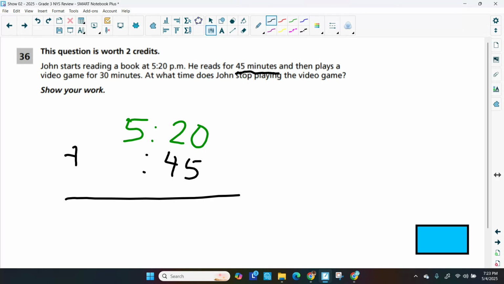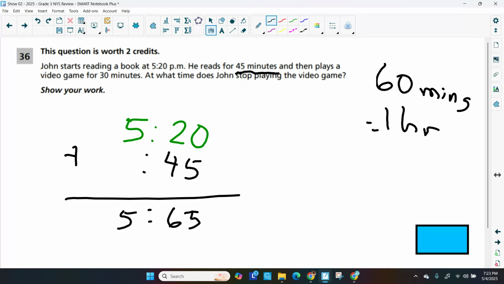I add up my 20 minutes and my 45 minutes. That'll give me 65 minutes, with 5 hours. But I know that 5:65 is not a time. No, exactly. But how many minutes are in 1 hour? 60. Good. So whenever we get to 60 minutes, we know that's 1 hour. Exactly.